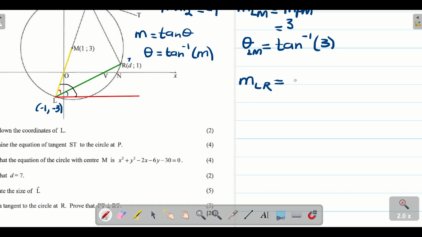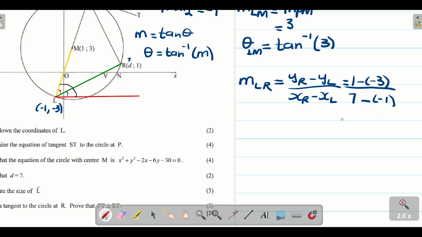So we take the y value of R minus the y value of L, over the x value of R minus the x value of L. That is 1 minus -3, all over 7 minus -1.